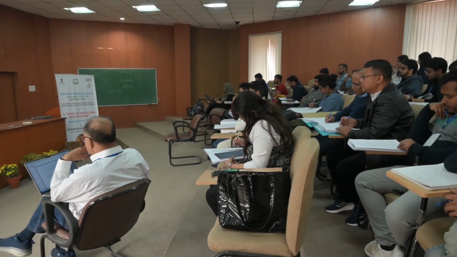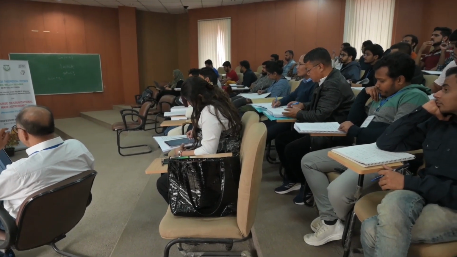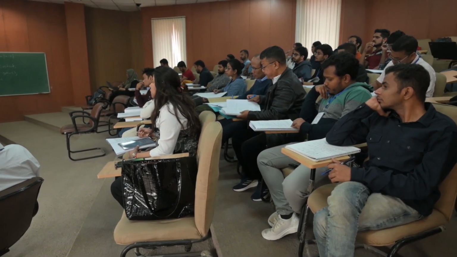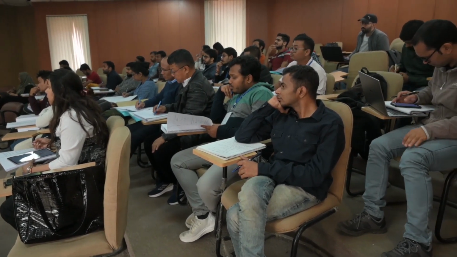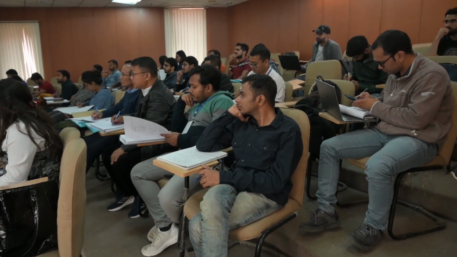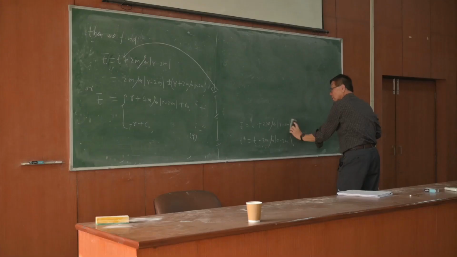These are all greater than 0 for R less than or equal to 2m. Right? So which means now I'm in this range, because my T prime is positive.